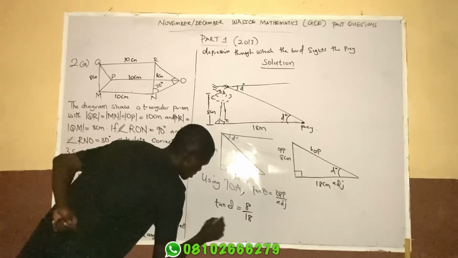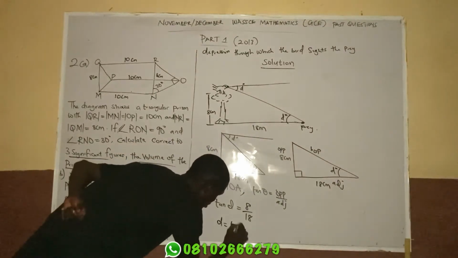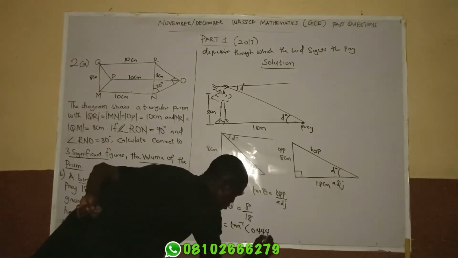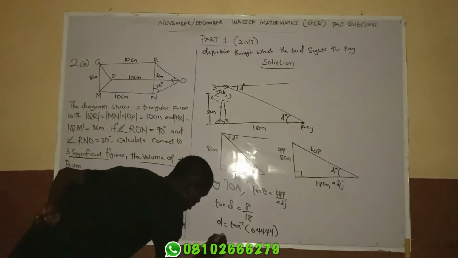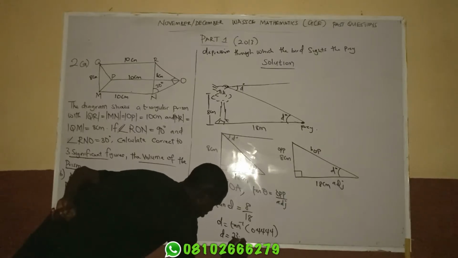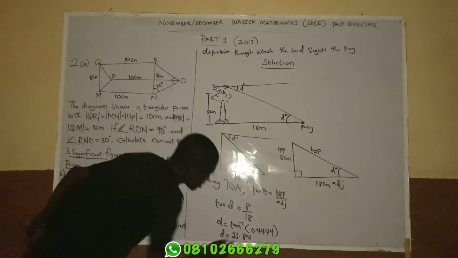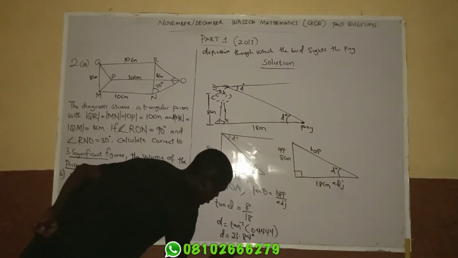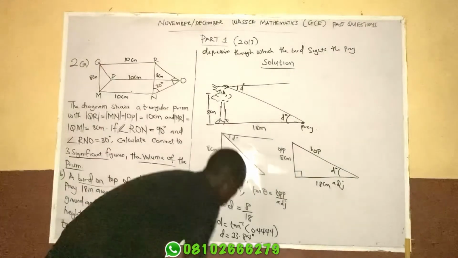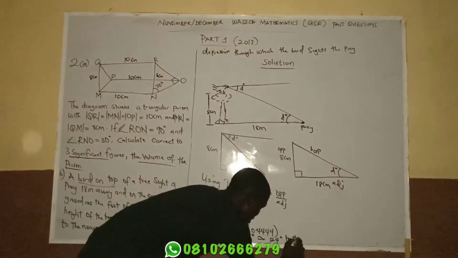Taking the inverse of both sides, D equals tan inverse of 0.4444 to 4 decimal places. The angle of depression is 23.84 degrees. Approximately to the nearest degree, we have 24 degrees.